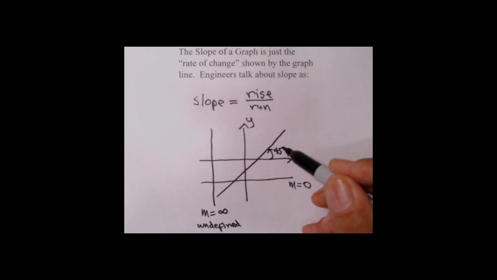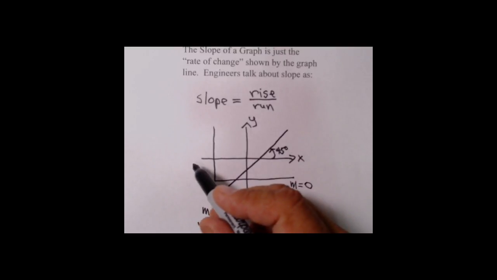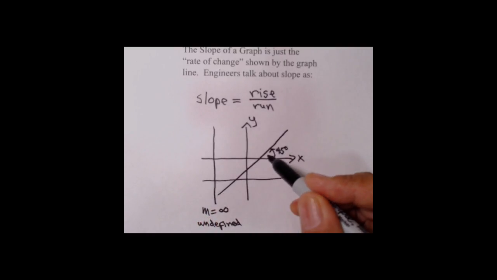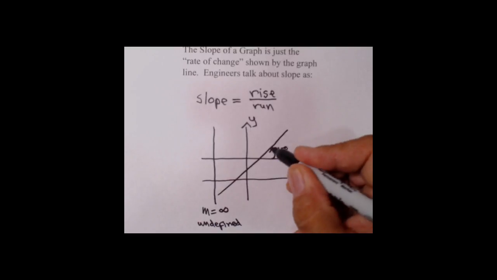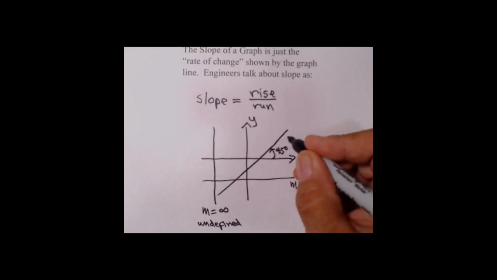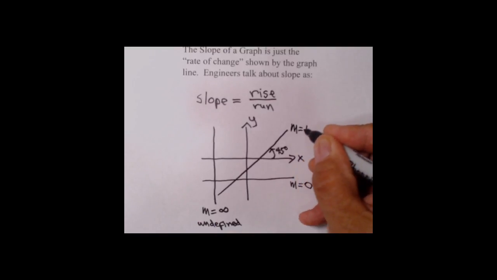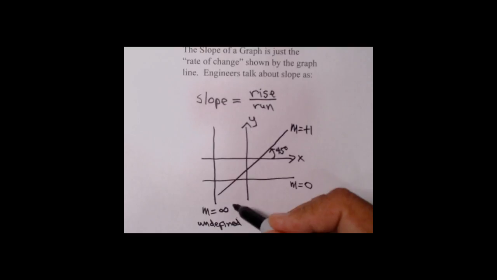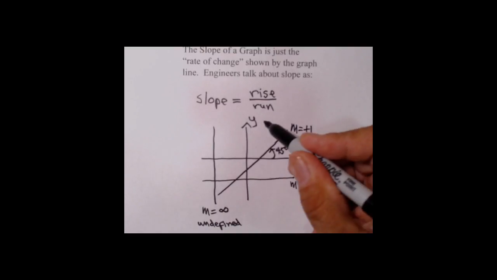We always talk about slope as going in the direction of the positive x-axis, from left to right. If you're going up at 45 degrees, you have a positive slope, m equals plus 1.